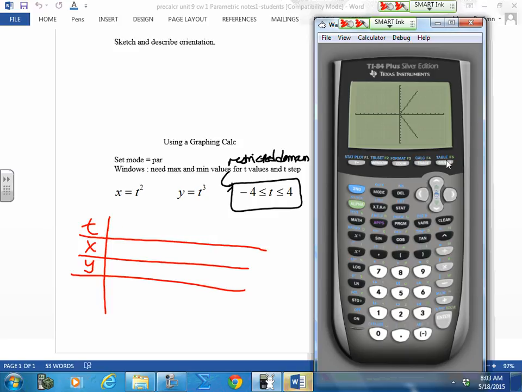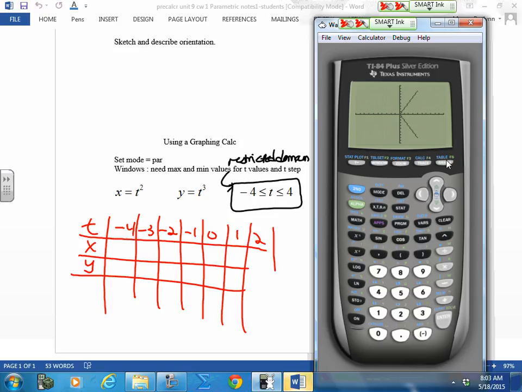And I want you to use this domain. I want you to write these down because these are the points I want you to look at. Your X, Y points. That's the point that we actually graph to get this.